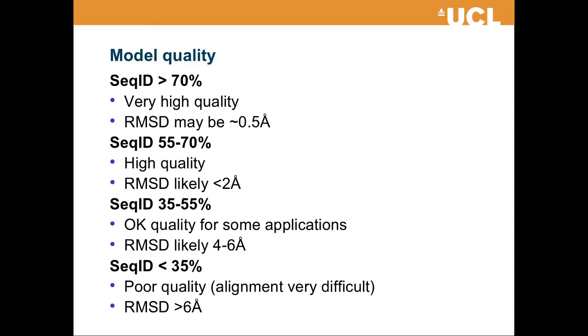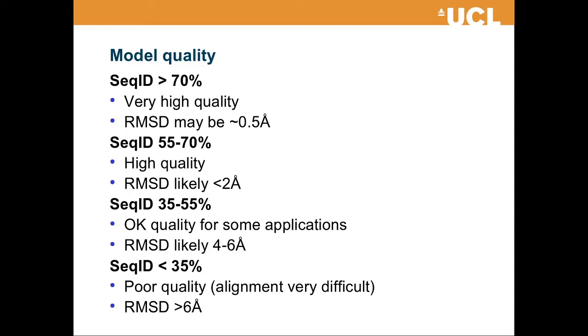So the root mean square deviation may be around half an angstrom, and that is really equivalent to the accuracy of a crystal structure. If you take 2 different crystal structures of the same protein that have been solved by different people, then typically the RMS deviation may be around that sort of value.